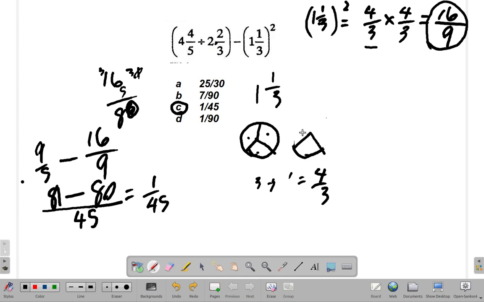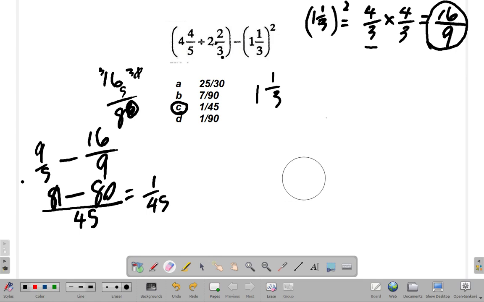Alright? 4/3. The thing is, what happens with this one? Let's talk about that one for a while. What you have here is 4 and 4/5. I had said 5 by 4 is 20 and 4, 24/5. Alright? 5 by 4 is 20 plus 4. But how does that really work? Let's see.